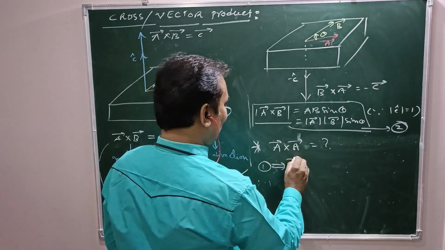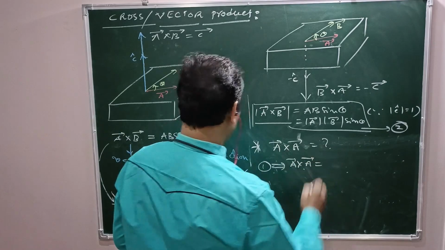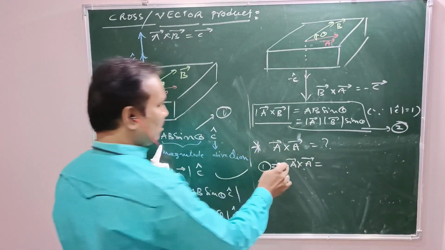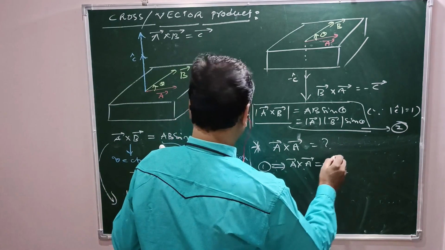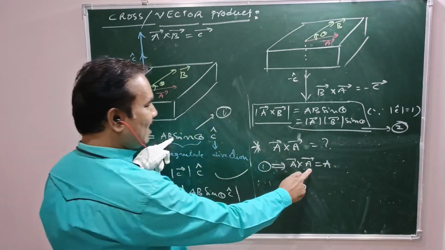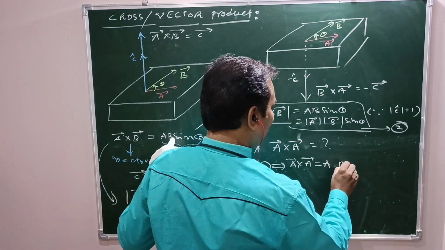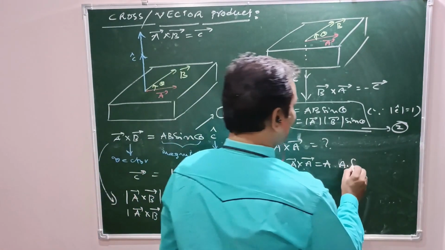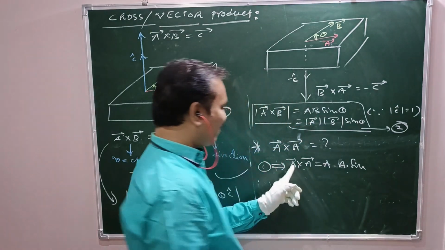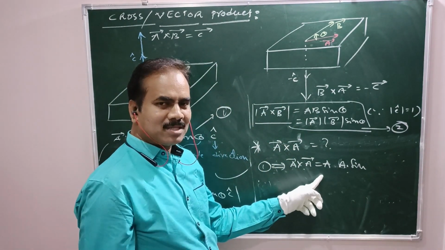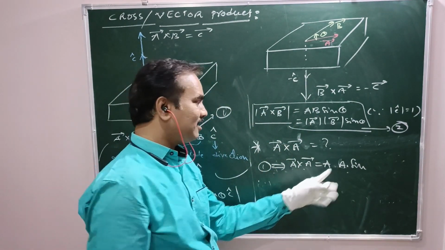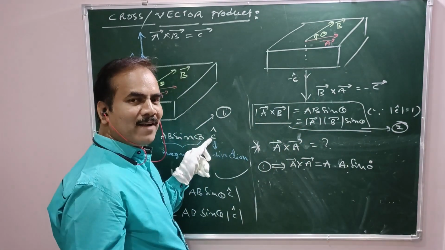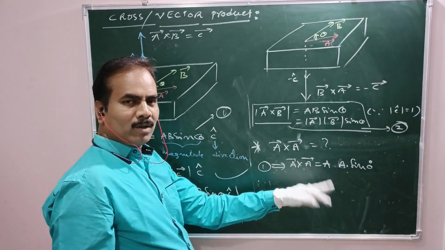So A bar cross A bar equals A into A into sin theta. What is the angle between A bar and A bar? They are parallel to each other, A bar parallel to itself. That is, theta is 0. Sin 0 degrees, into some unit vector perpendicular to both A bar and A bar.